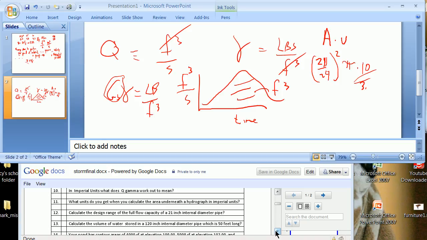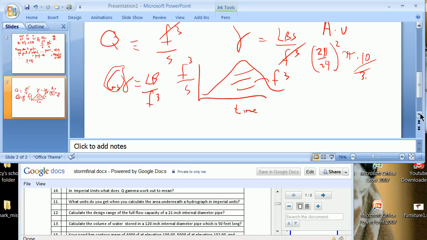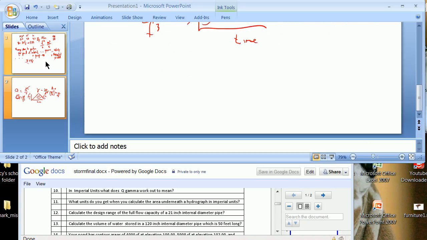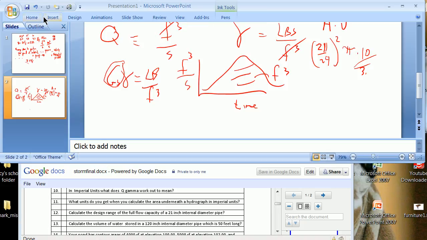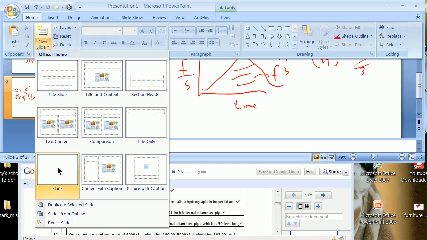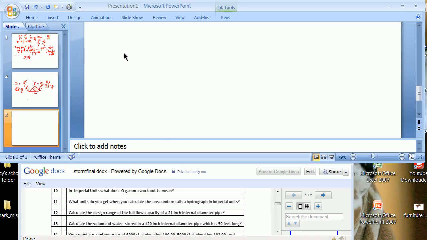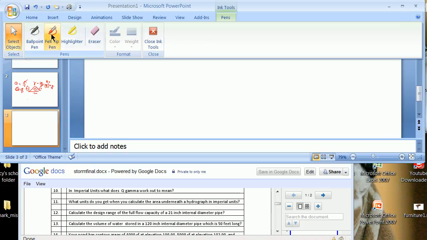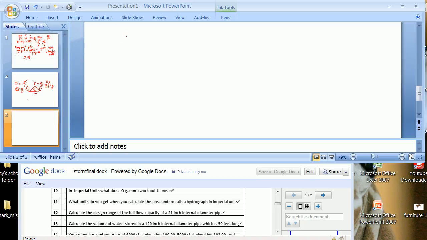Number 13, I will do it here, but it is a straight volume calculation of a cylinder. I'm going to go home, new slide. Convert to base units. You're given a 120-inch internal diameter, that is 10 feet, right? That's its diameter. 10 compares to 5 to 2, because the unit circle is a 2-foot diameter pipe, and the area is pi.